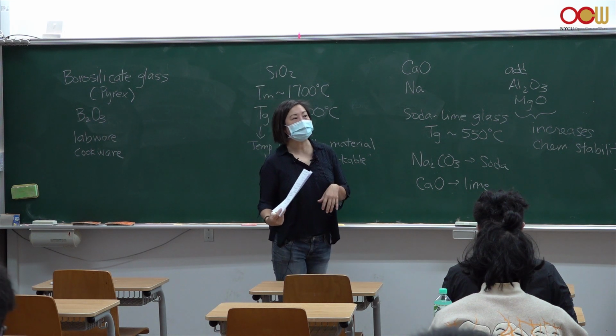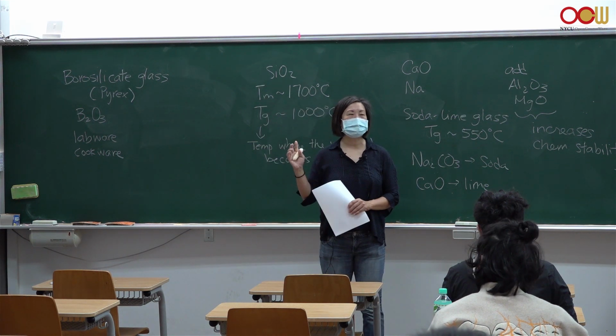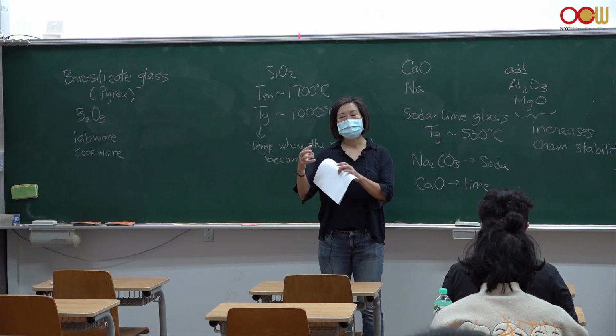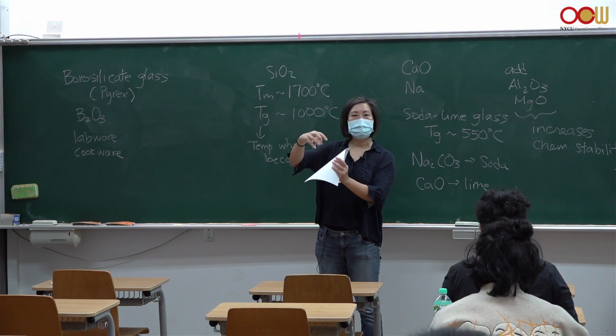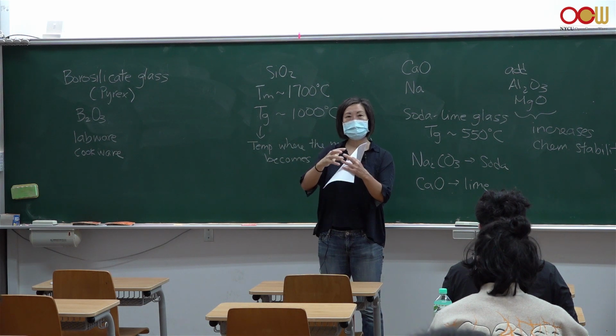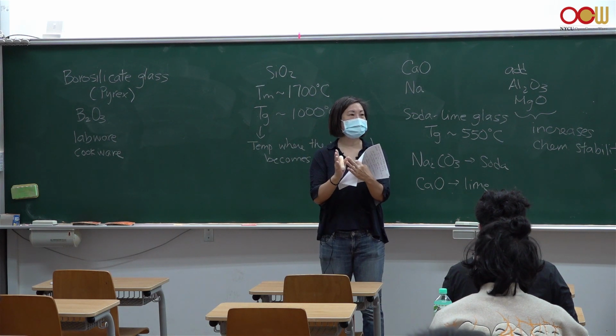But what Corning developed, this is not necessarily borosilicate glass, but what Corning developed is a material where the bonds will elongate, but only in one direction. So it will elongate in one direction and shrink in the second direction.